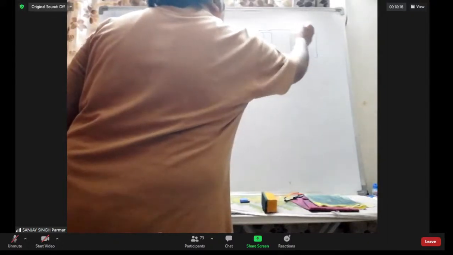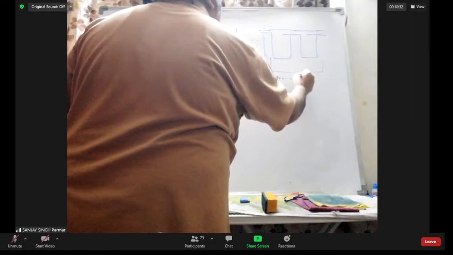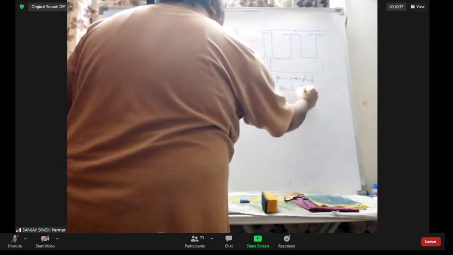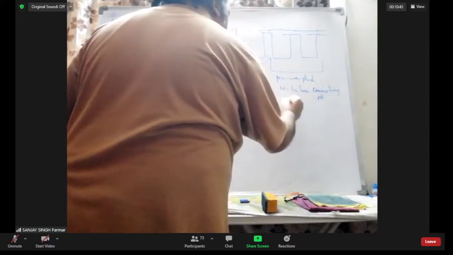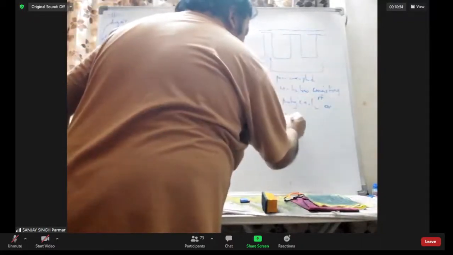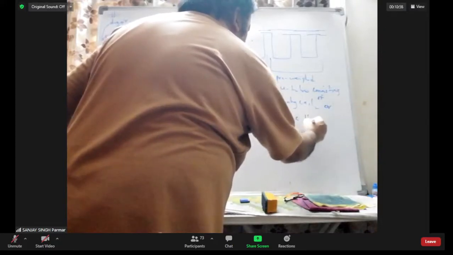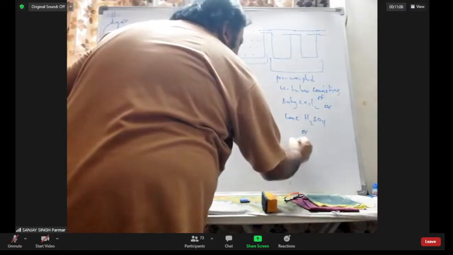And now here we are having U tubes. These are pre-weighed U tubes consisting of anhydrous calcium chloride, or concentrated sulfuric acid, or P4O10.